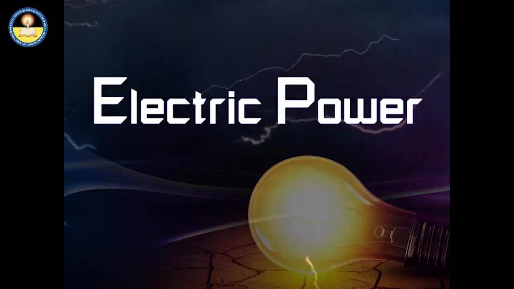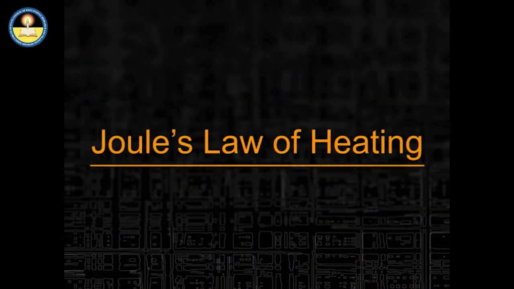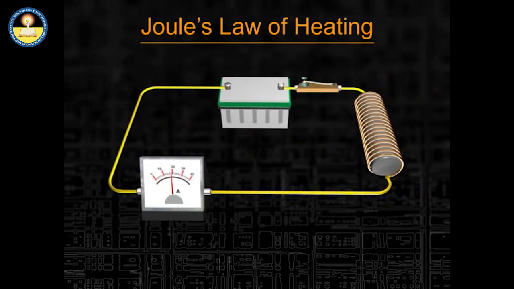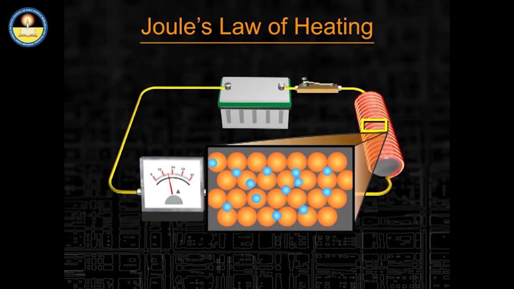Series and parallel combination of resistors. According to Joule's law of heating, electric work done by the charge carriers moving in a conductor produces heat. And the amount of heat produced by a conductor can be measured by using the relation established by Joule.